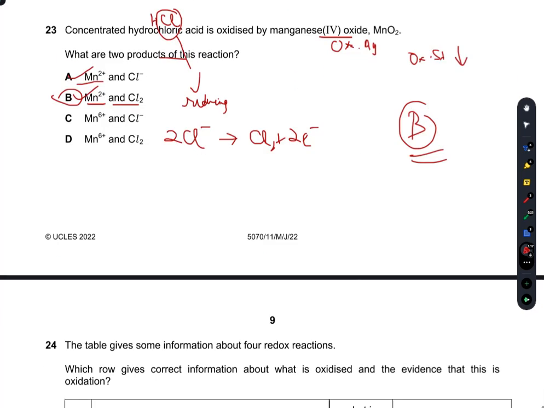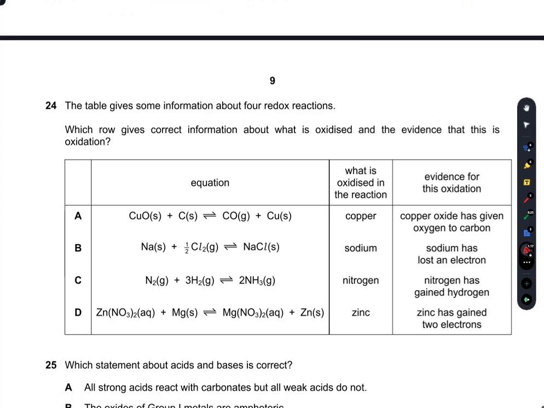The table gives some info about four redox reactions. Which row gives correct info about what is oxidized and evidence that this is oxidation? So copper oxide reacts with carbon monoxide to form carbon dioxide and copper. So what is oxidized in this reaction? Copper. Copper is not oxidized; it is reduced. So A is incorrect.